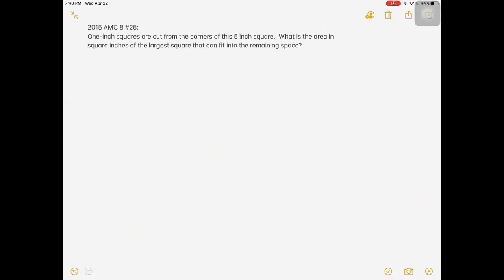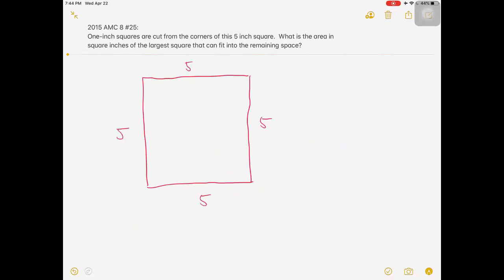So what they're talking about is a large square with side length 5, and then 1 by 1 squares are cut from all the corners.